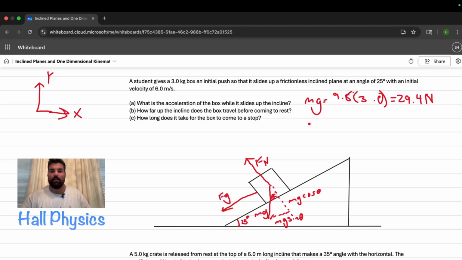So we can say that the sum, our net force in the x direction is equal to f of g, or we could rewrite it as the mass times acceleration in the x direction is equal to negative, I forgot to put negative because we got to respect our x and y coordinate system we established, negative mg sine theta.